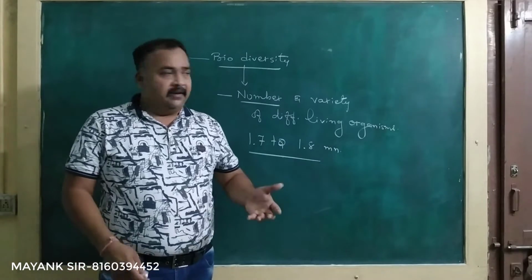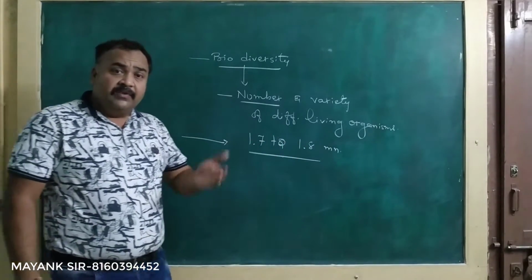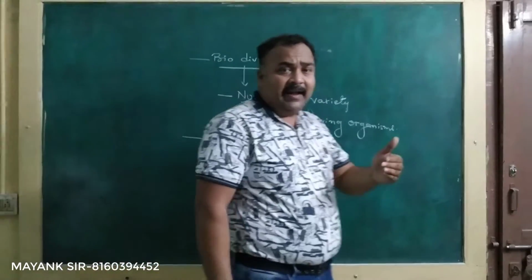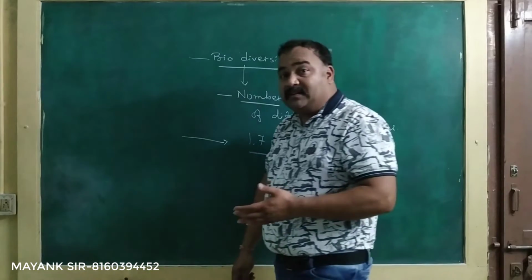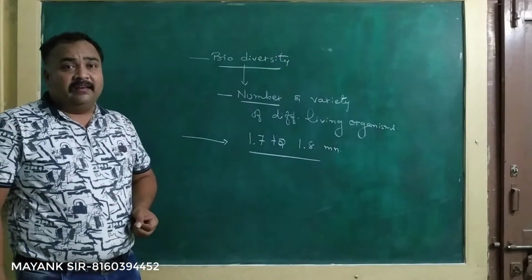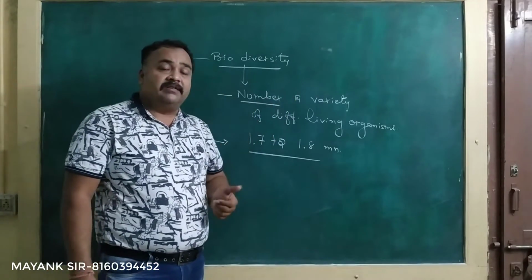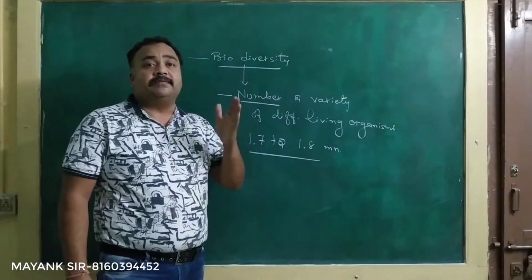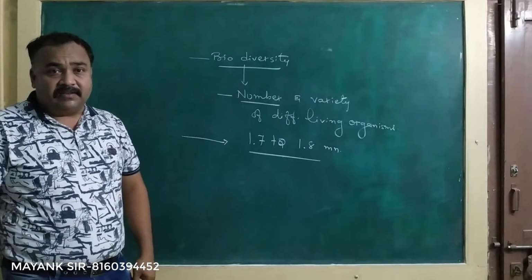Again, it is considered as a living organism, as we have studied. Different kinds of bacteria, fungi, bryophytes, pteridophytes, different kinds of unicellular to multicellular plants and animals are included in living organisms, and that constitutes the biodiversity. Number and variety of species of living organisms constitute the biodiversity.